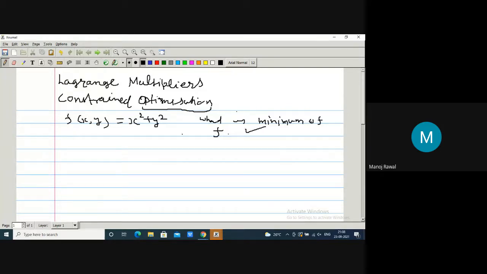But if I ask you what is the maximum value here, then it has a question mark. You cannot tell the maximum value of the function because it does not end. It keeps on going forever.